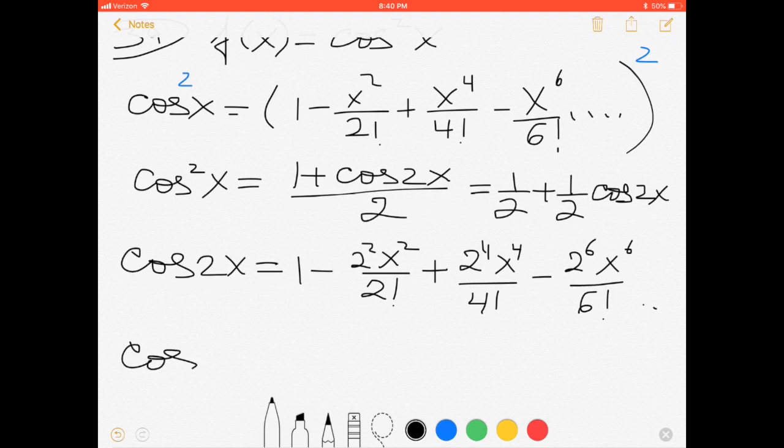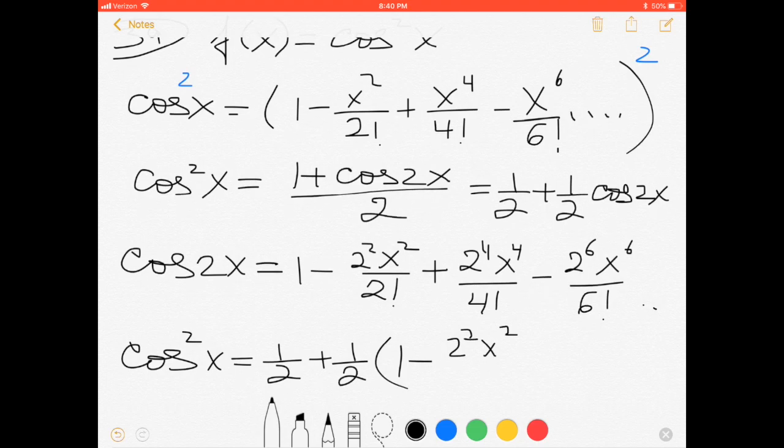This means cosine squared x will be 1 half plus 1 half times 1 minus (2x) squared over 2 factorial plus (2x) to the 4th over 4 factorial, and continue.